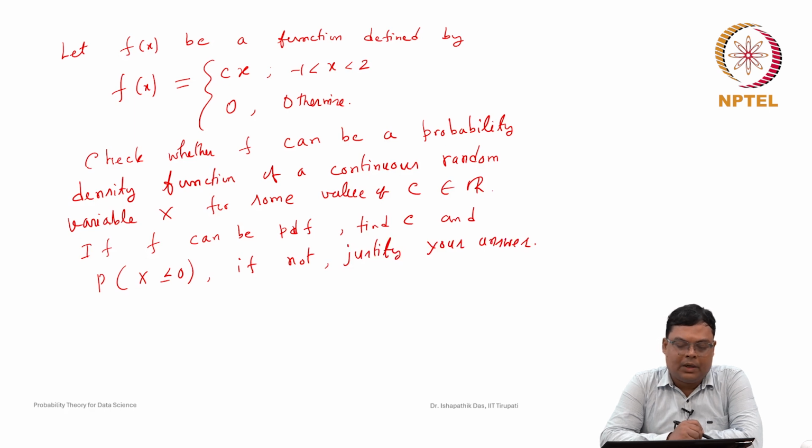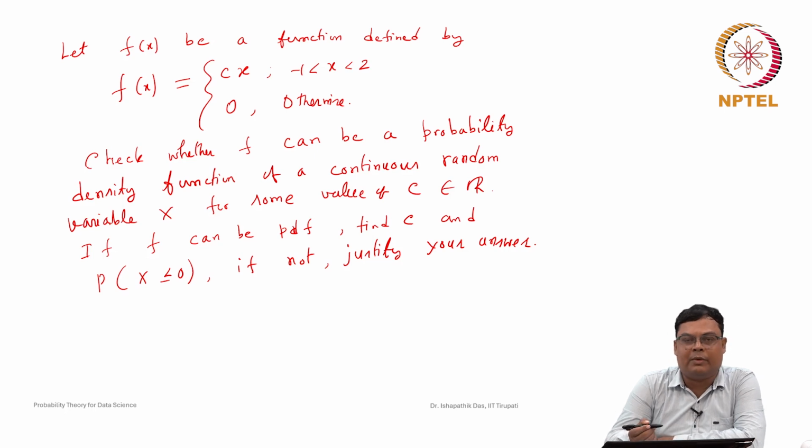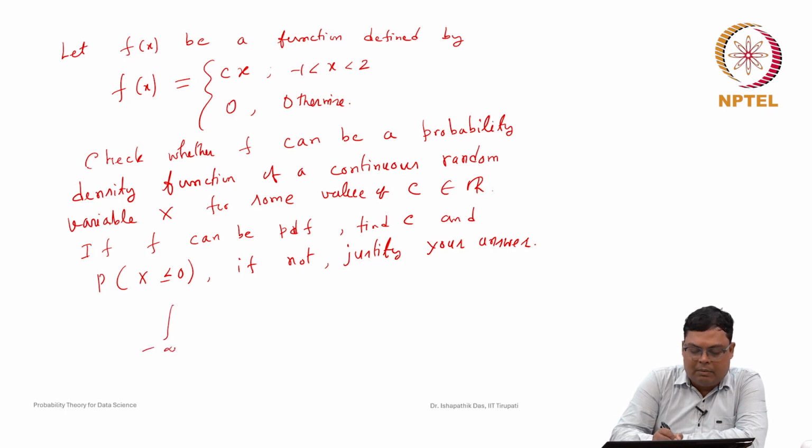So, now what will we do? First of all, we will check some of the properties. The most important property, which most of the time we check, is that the integral from minus infinity to plus infinity of f(x) dx should be equal to 1.